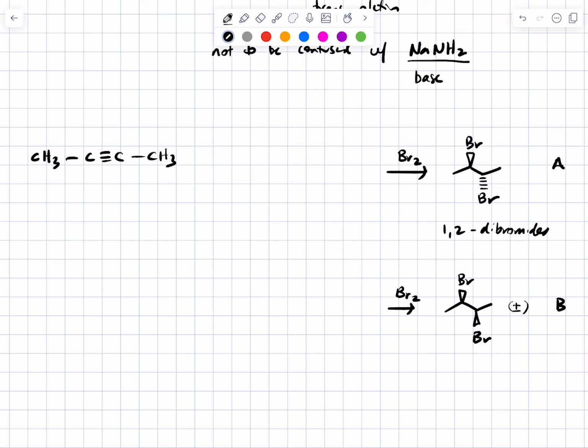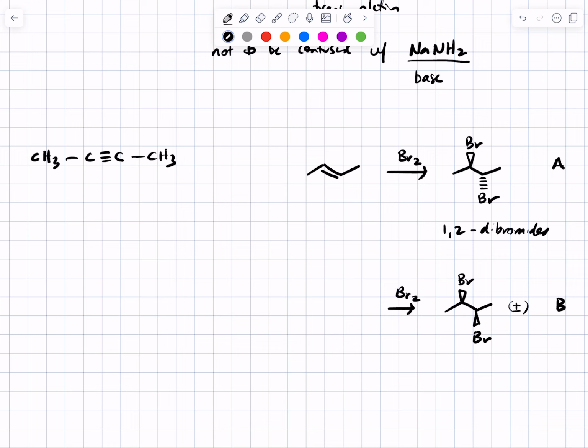The key question is, can you tell from the 1,2-dibromide what the stereochemistry of the alkene had to be? Remember, halogenation is an anti-addition. The bromos get added to opposite sides of the original alkene. So for A, it would make sense that the original alkene was this trans alkene.